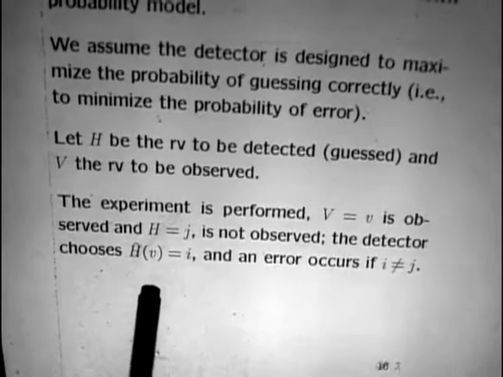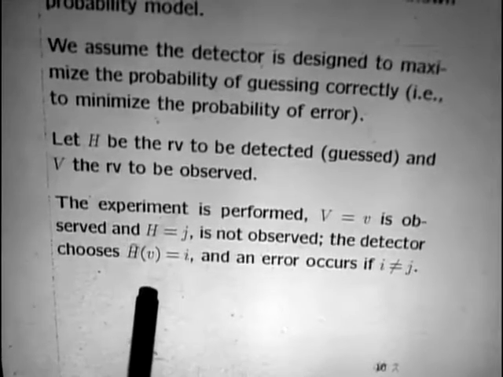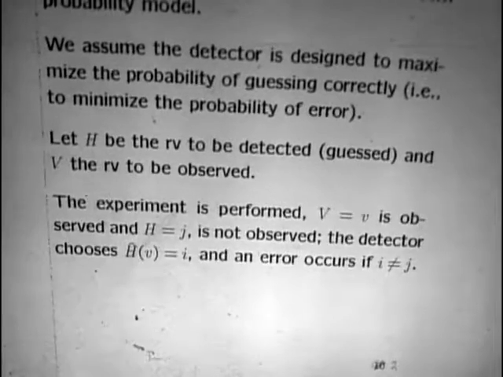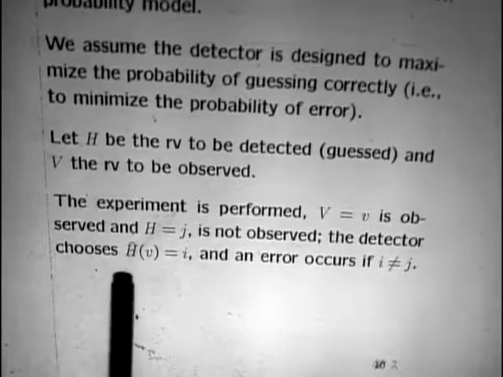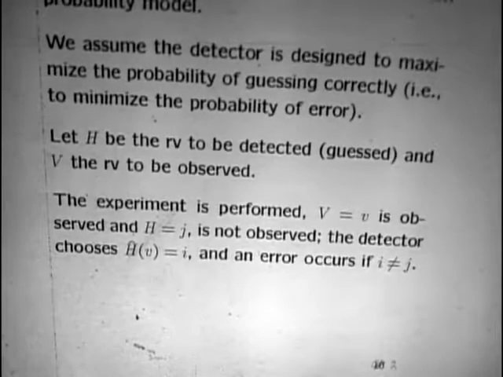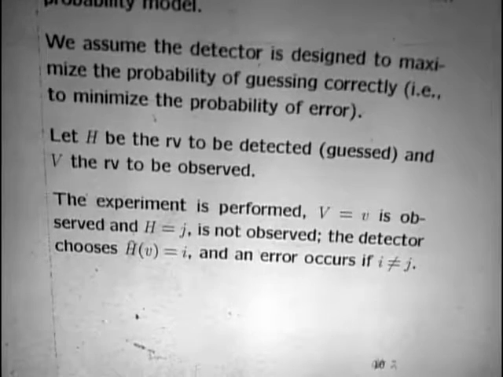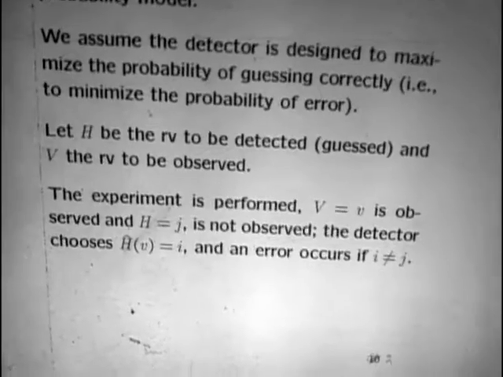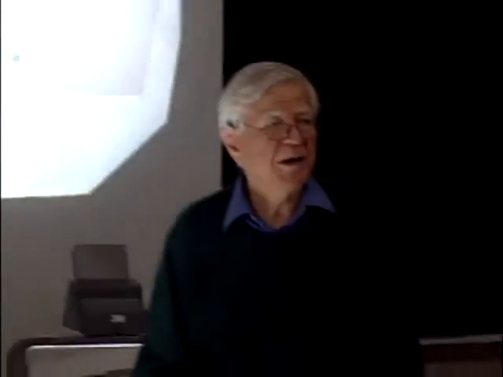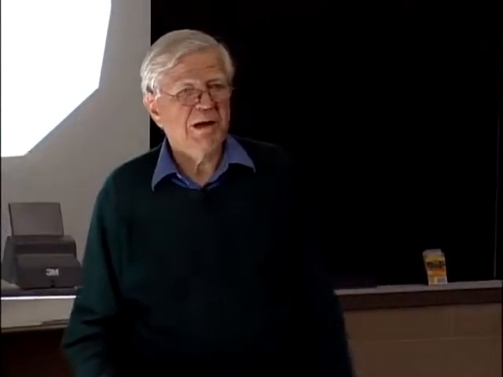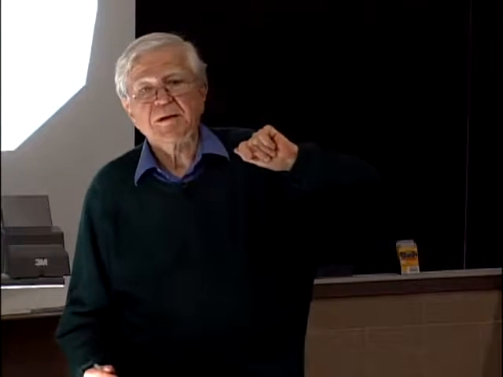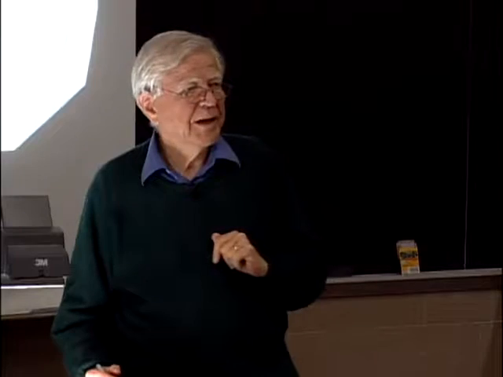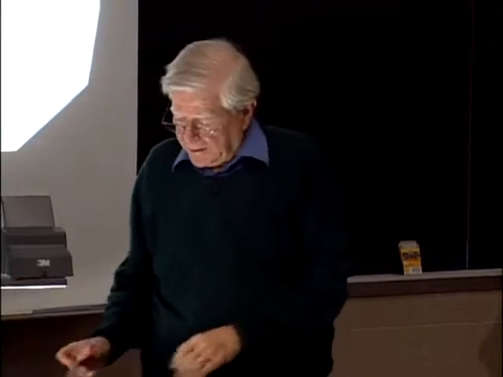These other random variables you have no control over at all. Okay, so that's the random variable we're going to choose. And in fact, what we want to do is MAP decoding, maximum a posteriori probability decoding, where we're trying to minimize the probability of screwing up. And we don't care whether we make an error of one kind or make an error of the other kind.